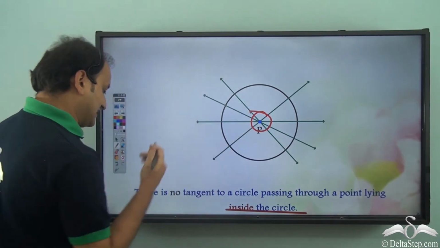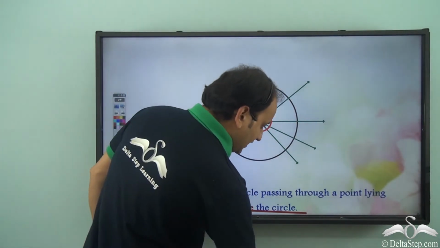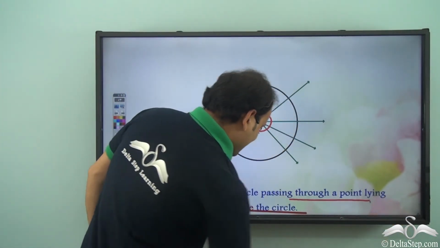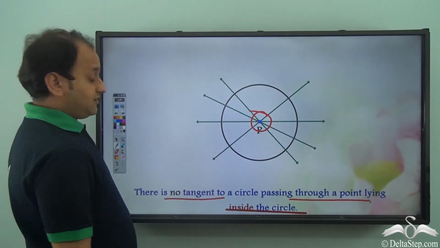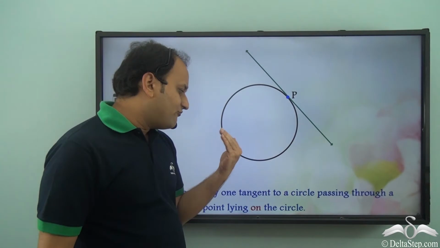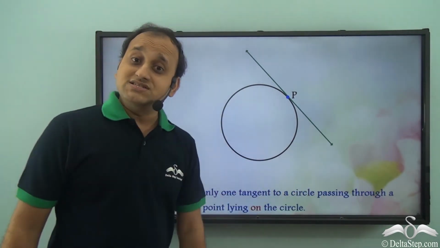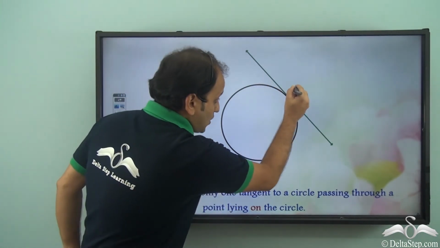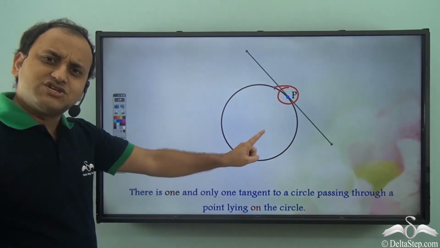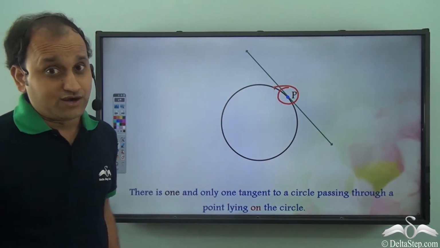And that is why we can say that there is no tangent to a circle passing through a point lying inside the circle. So now we know that there is one and only one tangent to a circle passing through a point lying on the circle. So if the point is on the circle, there is just one tangent that is passing through that particular point.